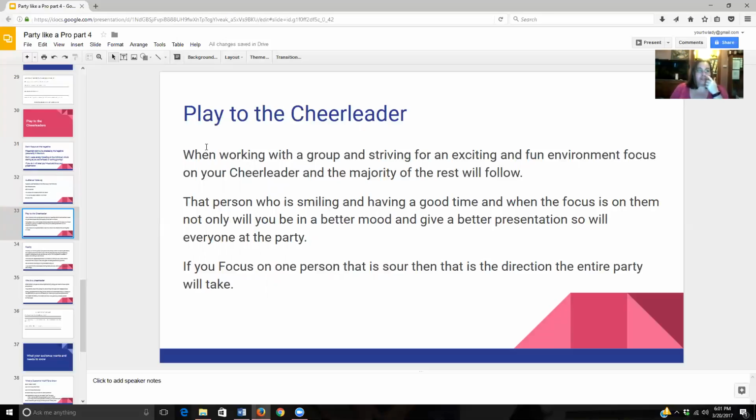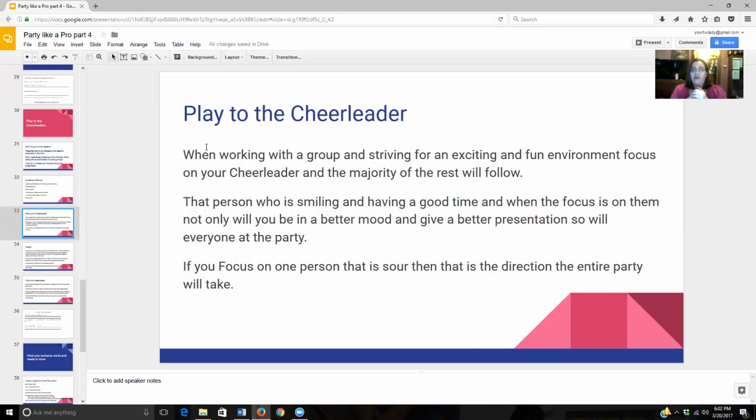Playing to the cheerleaders, basically what that means is when working with a group and striving for an excellent, exciting, and fun environment, focus on that 20%, those cheerleaders that are in the room, and the majority of everybody else is going to follow.